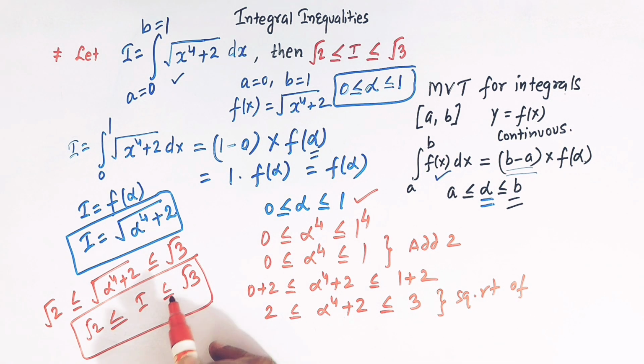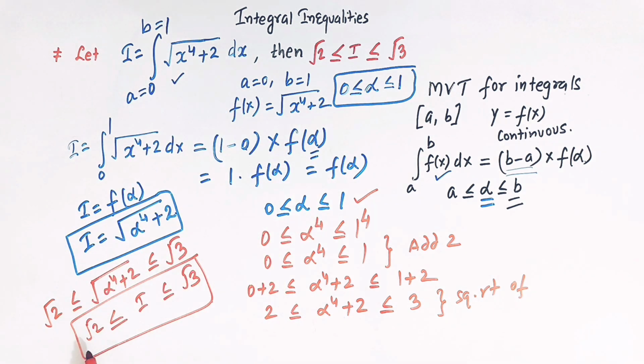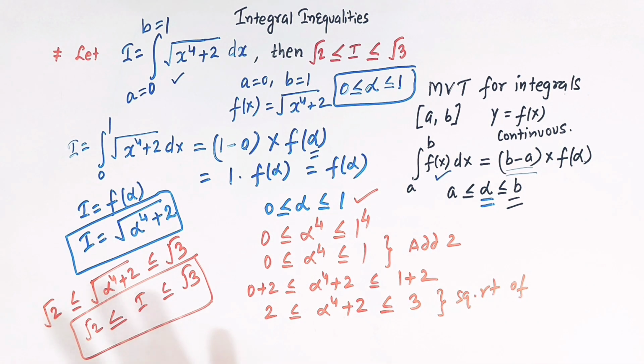So this inequality suggests that the value of this integral I lies between square root of 2 and square root of 3. So this is how, by making use of the mean value theorem for integrals, we can solve these kind of problems related to integral inequalities.